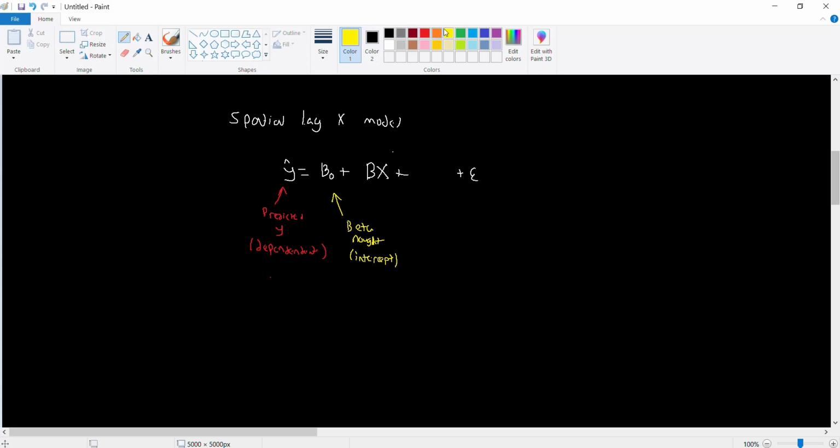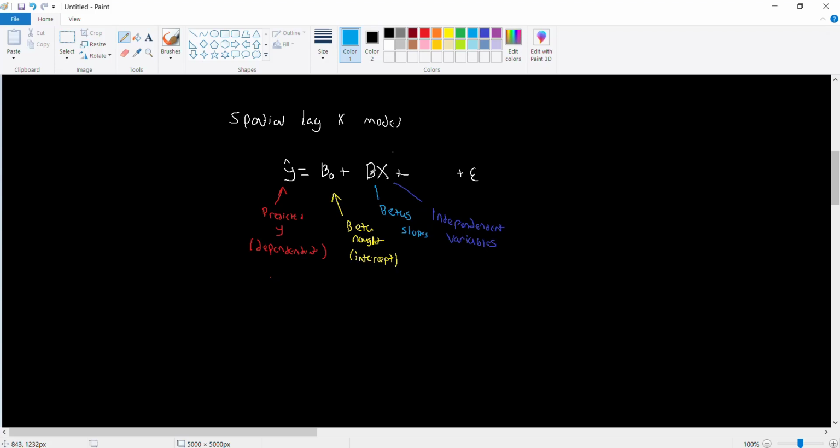Now I'm going to use two different colors of blue here. One for the betas, and then a different shade of blue for the independent variables. So these betas are our slopes.